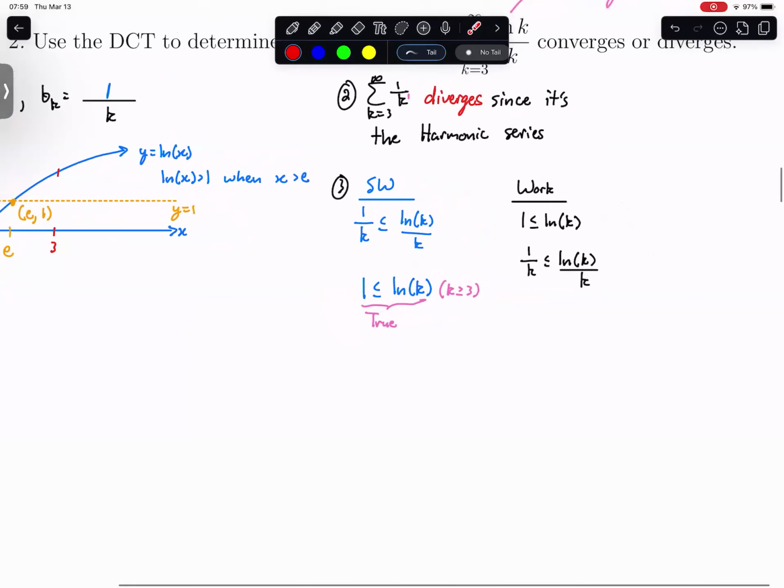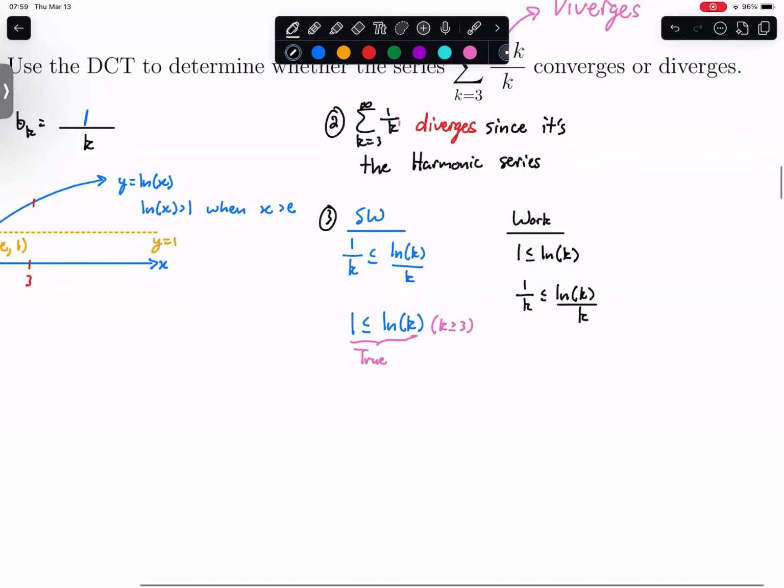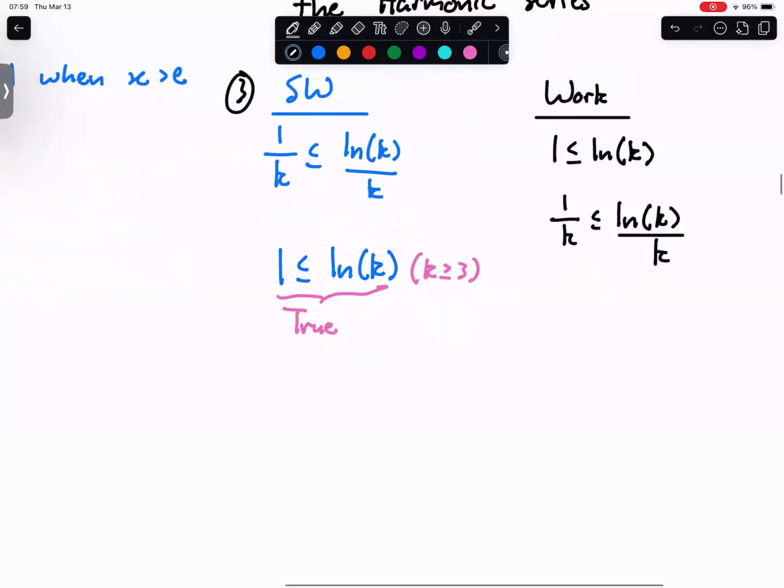And because I concluded that my comparison series diverges, I get to say, again with the direct comparison test, that your series must also diverge. So I get to say that again as my conclusion.